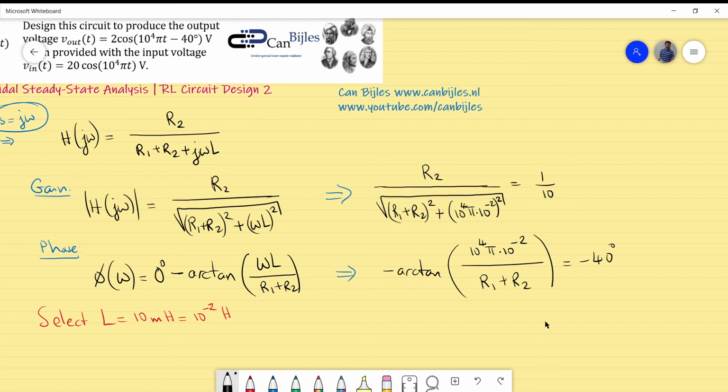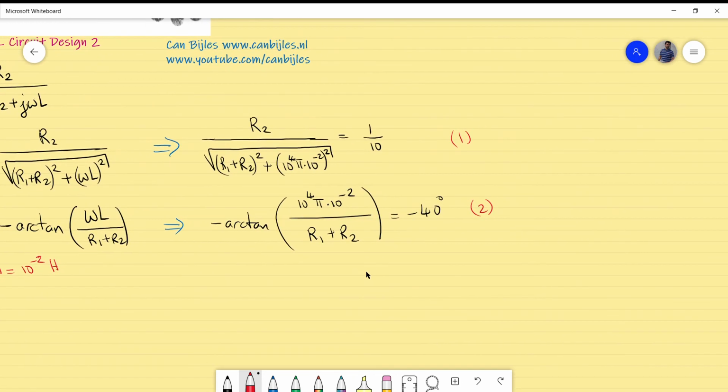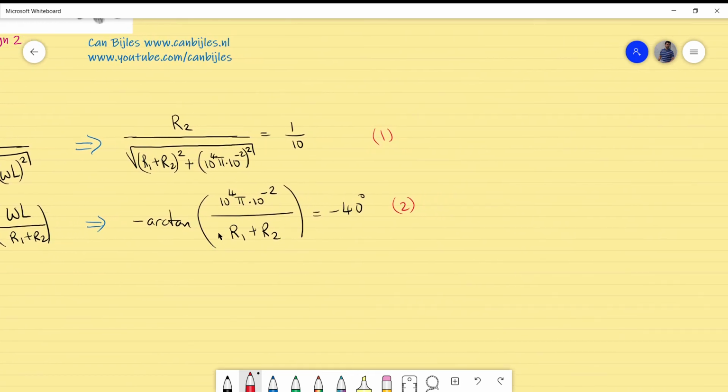So you can have the following situation. If I designate this as equation number 1 and this as equation number 2, I can use equation number 2 to calculate the summation of R1 and R2. You can also use the other equation, but I think this is a little bit simpler to start with. So if I start from here, 10 to the power 4 pi times 10 to the power minus 2 will give us 10 to the power 2 pi, which is 100 pi.